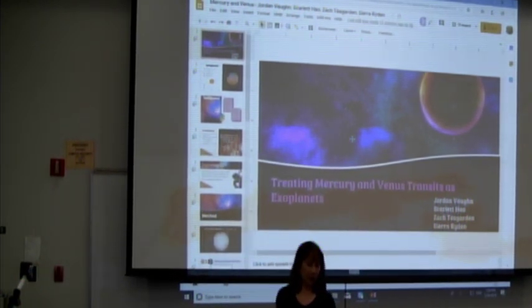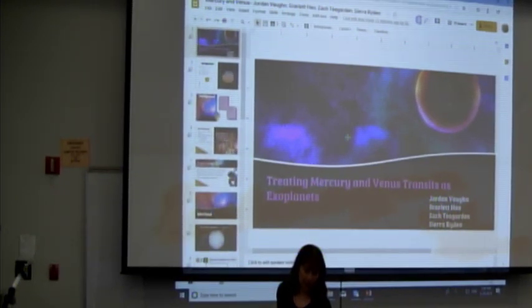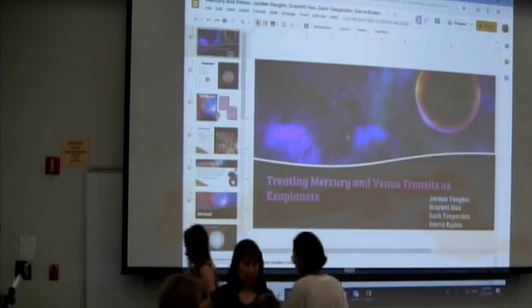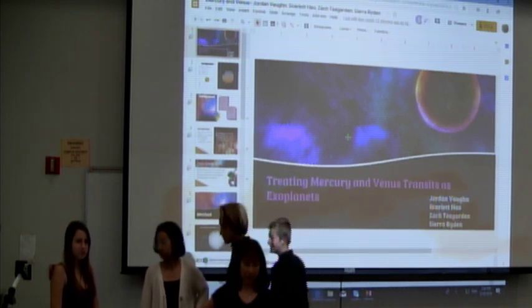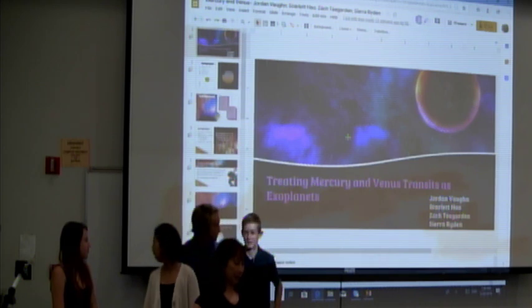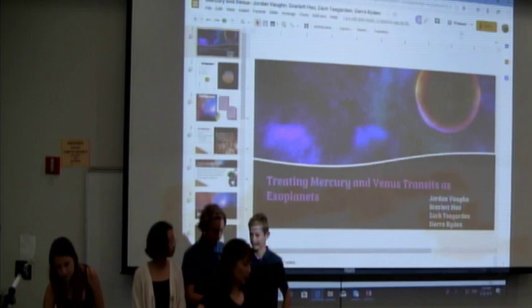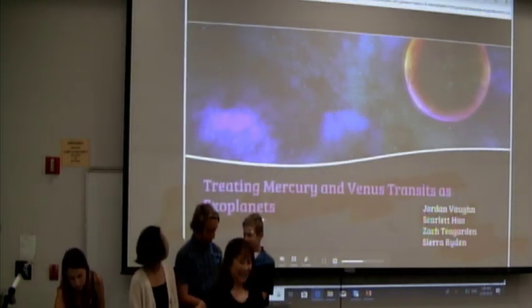Boomerang right back into our solar system with another exoplanet group. The title of their presentation is Observing Mercury and Venus as Exoplanets. This is being presented by Jordan Vaughn from Maui High School, a four-time repeat Hi-STAR student, Zach Teagarden from Phillips Exeter Academy in New Hampshire, Scarlett Howell from Iolani School on Oahu, and Sierra Ryden from Elphinstone Secondary School in Canada.